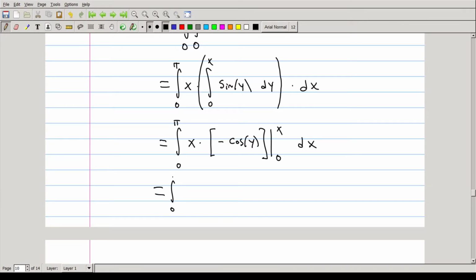Or when you plug in the bounds, this is x times cosine of 0, which is 1, but you're subtracting that, so you get positive 1 right here. You get minus cosine of x.